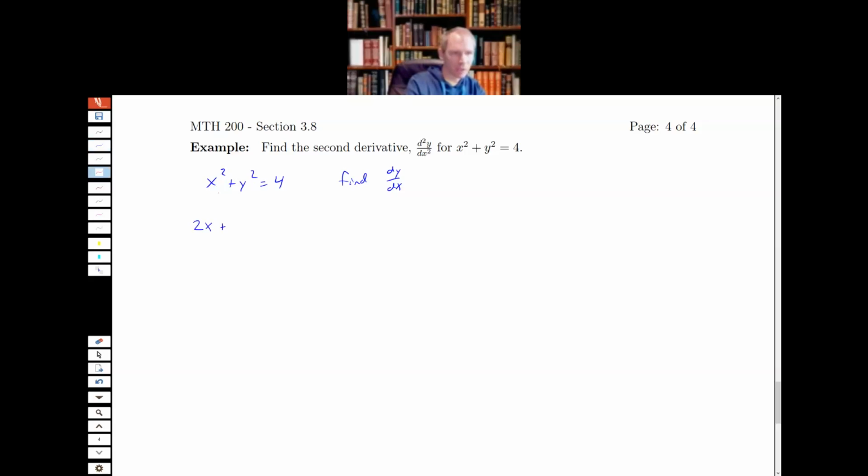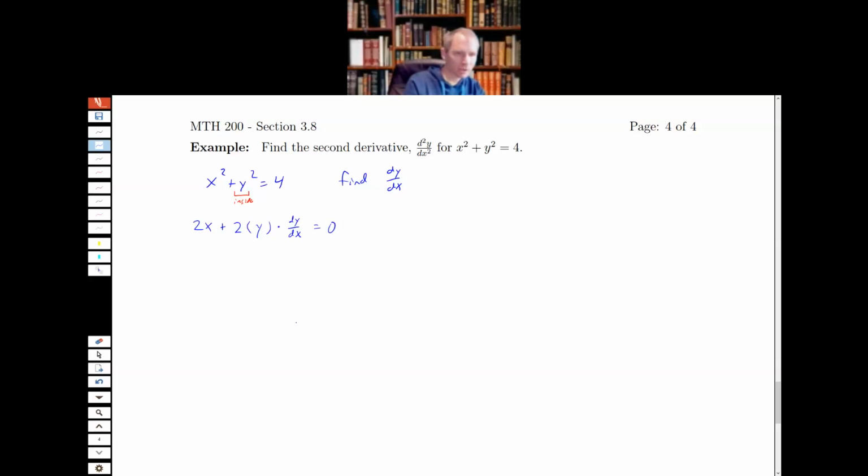For the derivative of y squared, the y is my inside function. Okay, so I have 2 inside stuff to the power of 1. The inside function is y, and I multiply by the derivative of the inside function. The derivative of y is dy/dx. And then the derivative of 4 is 0.